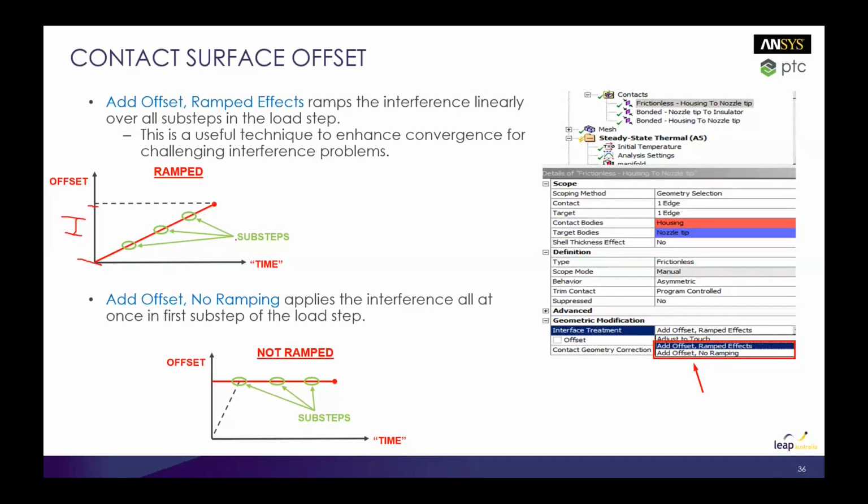So instead of that force being step applied, it's ramping that force down. When we have add offset with no ramping, it tries to remove the interference in the first sub-step. That can result in quite significant convergence difficulties.